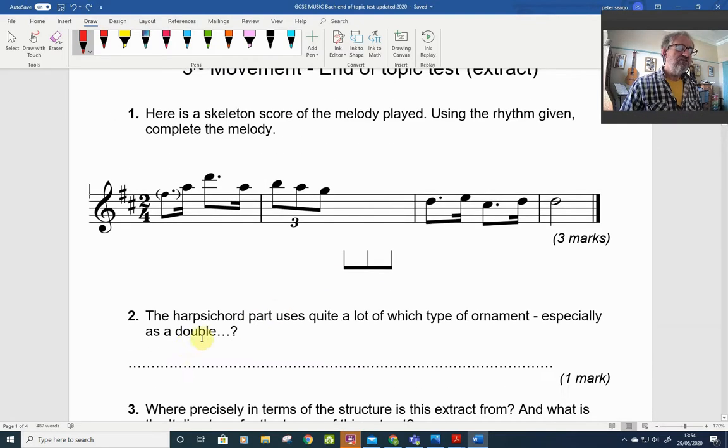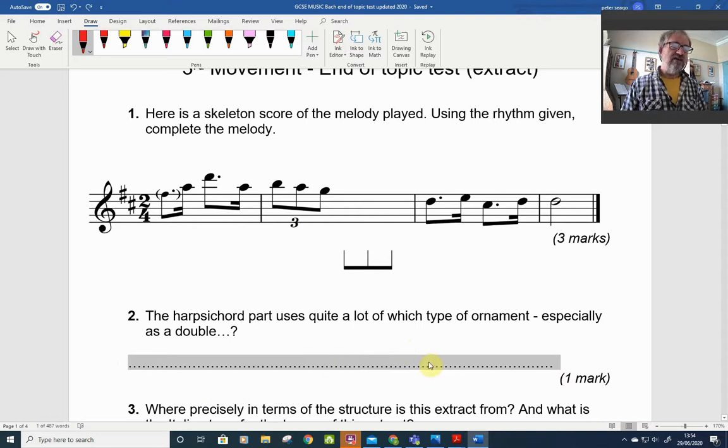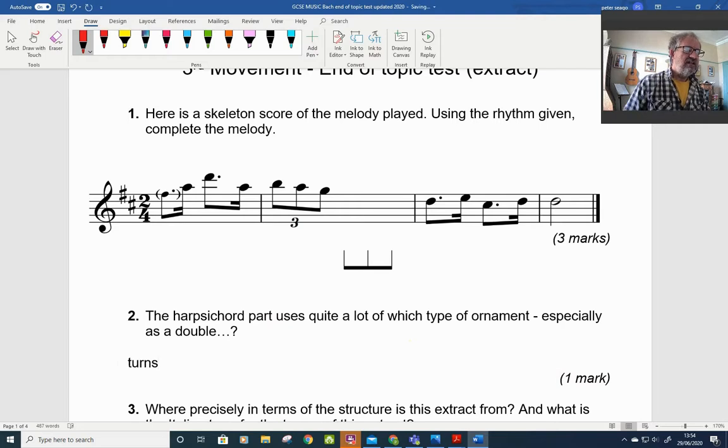It is possible, of course, to type the answers directly onto the page, but that's a bit problematic because you're going to have to take out all of these dots to type up the answer, and the formatting will move around. So if you were to type up an answer here that says turns, that worked really well because I'd highlighted the dots.